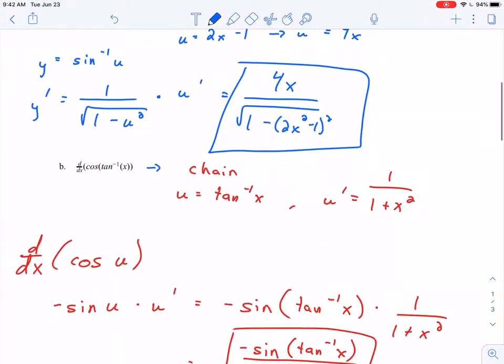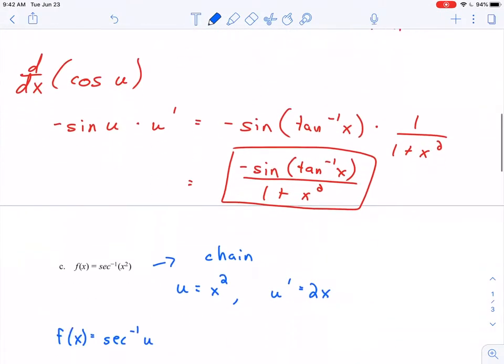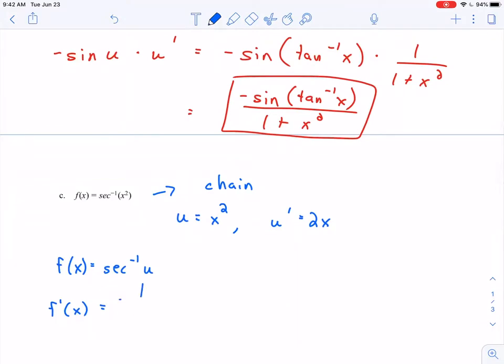So, instead of x, we'll have 1 divided by the absolute value of u times the square root of u squared minus 1. And again, I'm using the chain rule, right? So anytime I use the chain rule, I need to multiply by u prime.